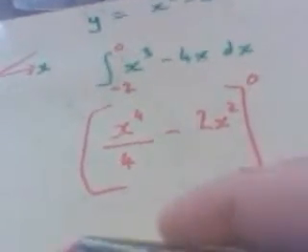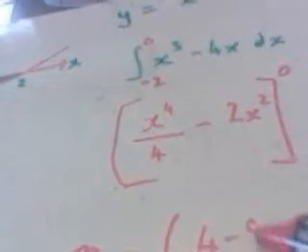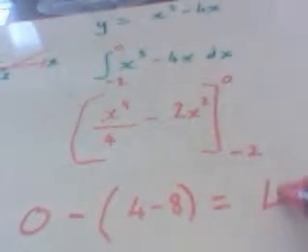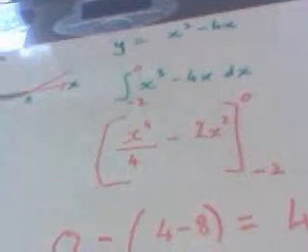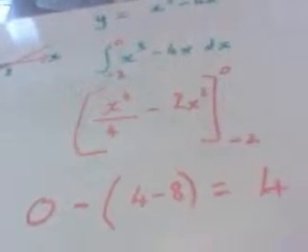So this one is 0. Take away 4, take 8, which gives me an answer of 4. So we know that the first part has an area of 4 square units.